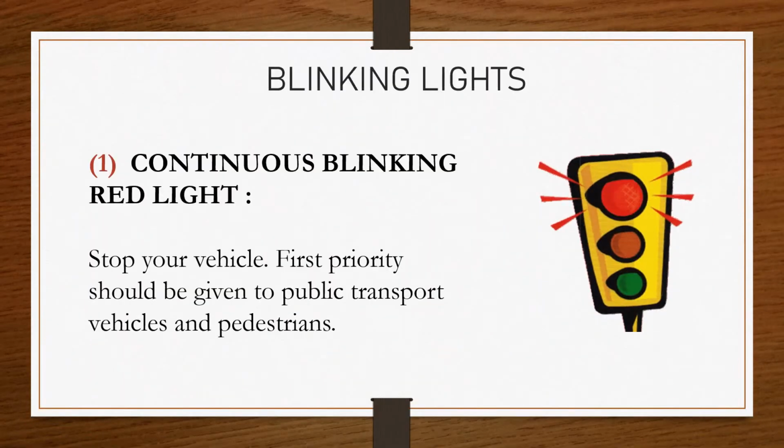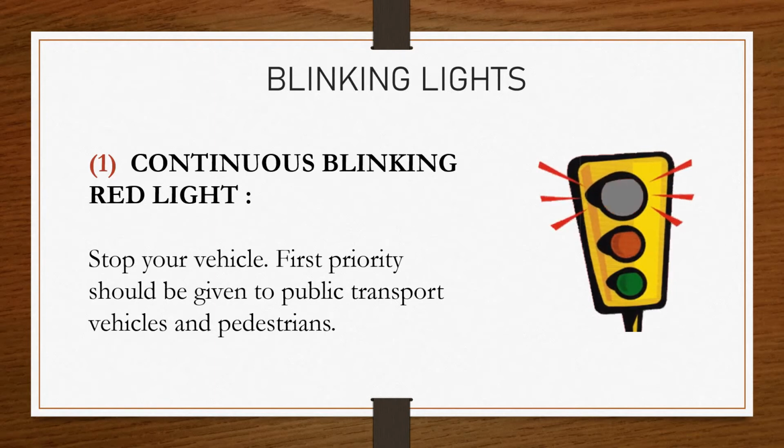Students, let's try to learn a few more automatic power signals. Blinking lights. First, continuous blinking red light. Students, if we see this signal on the road, we should understand that a continuous blinking red light means stop your vehicle.